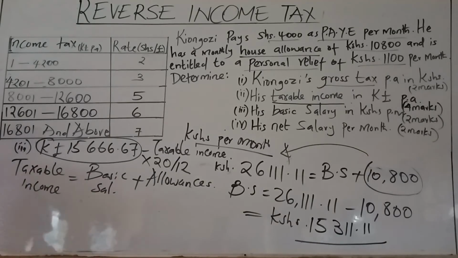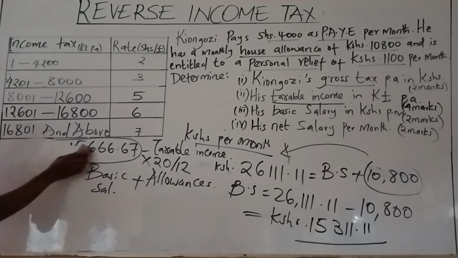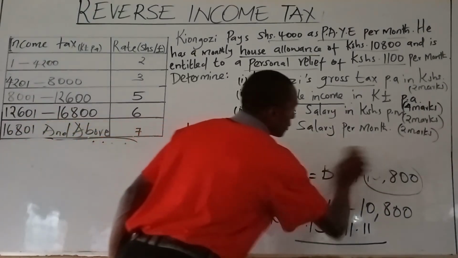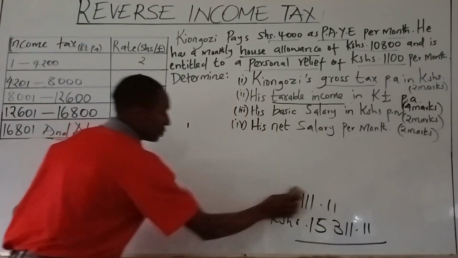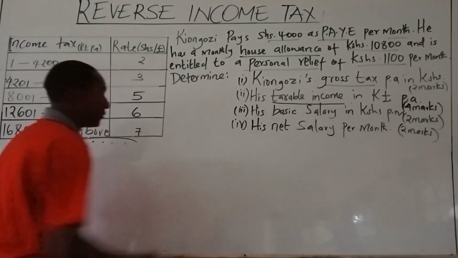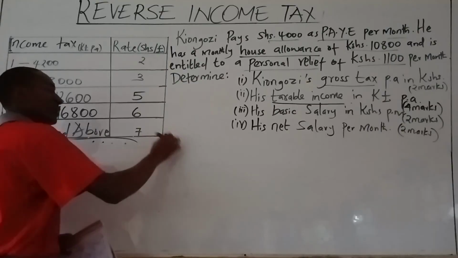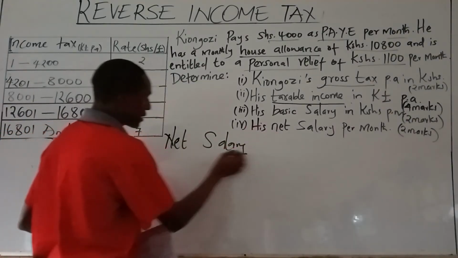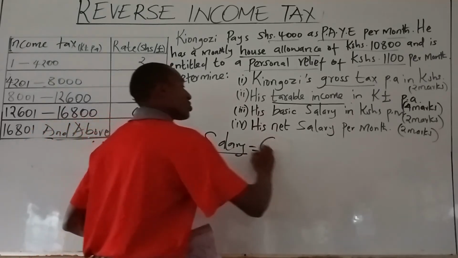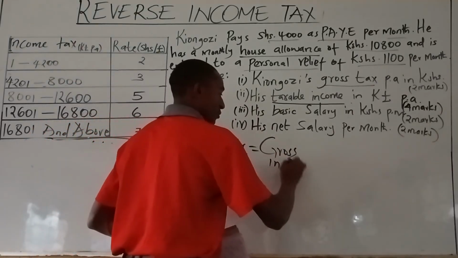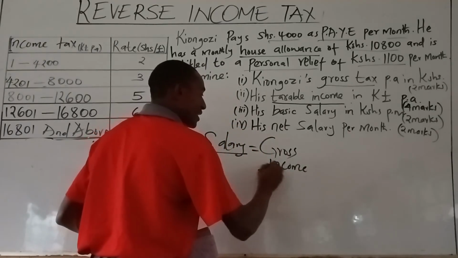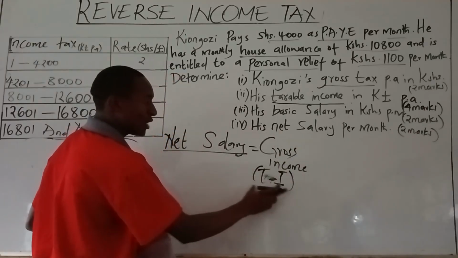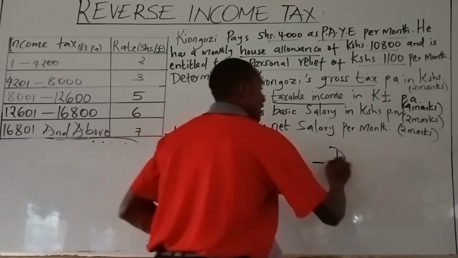The last one is net salary. We said net salary is equals to gross income, which you can say taxable income, let me say TI, gross income or taxable income minus deductions.